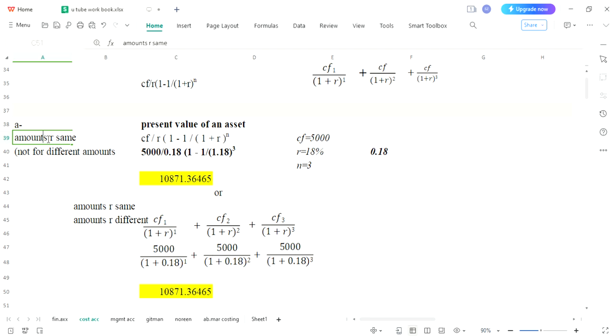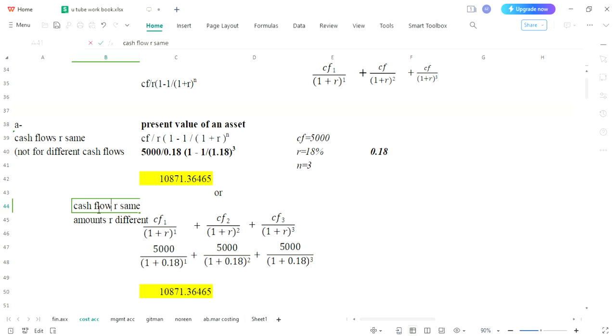Instead of writing amounts, cash flow is a good word to write when your cash flows are same, not for different cash flows. Alright, so in the similar way, here we have cash flow.